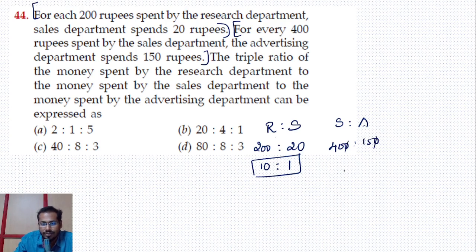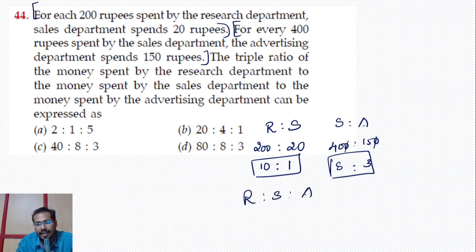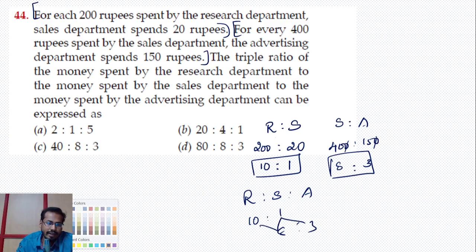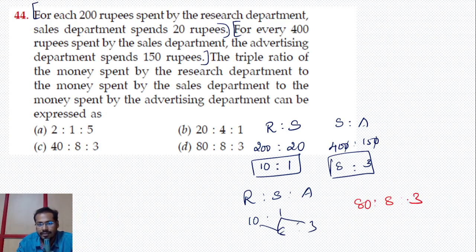So cancel zeros first. 8 5s are 40, 3 times 8 is to 3. This is another one. Correct? Now what we want? R, S and A. Simple. 10 is to 1, 8 is to 3. Take zigzag. You will get the right answer: 80, 8, 3. Look at this. Option D is the right answer.